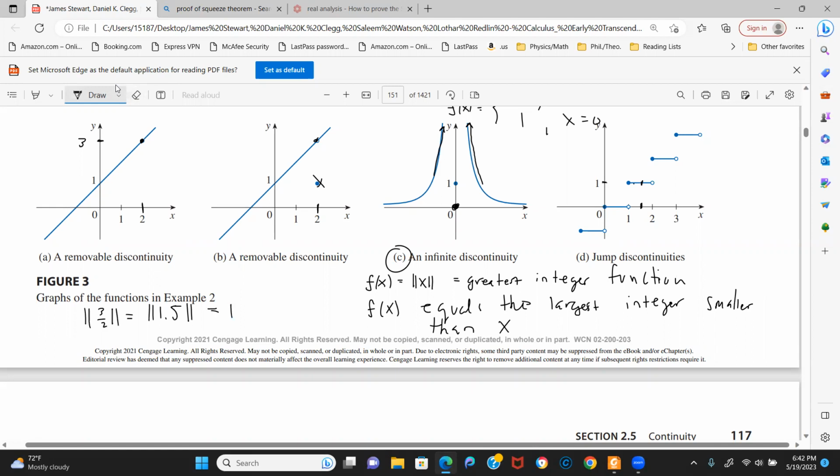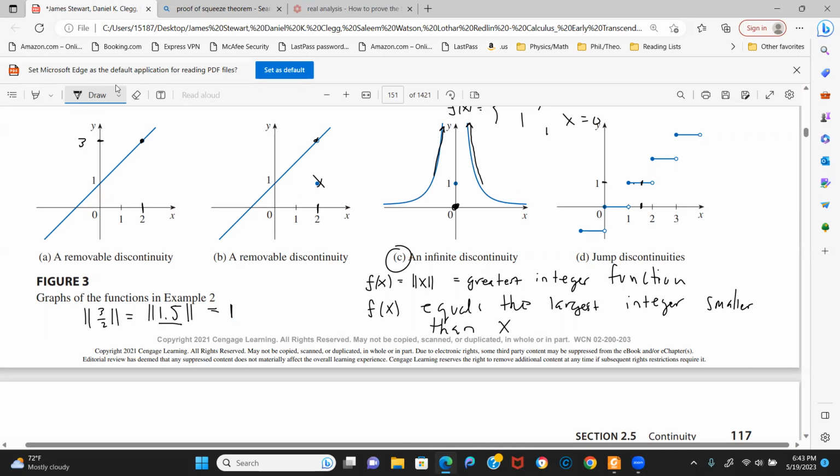So there are a lot of integers smaller than 1.5, right? 1 is smaller than 1.5, 0 is smaller than 1.5, -1 is smaller than 1.5, -2 is smaller than 1.5, etc. But there's one integer that is smaller than it and bigger than all the rest of the ones that are smaller than it.